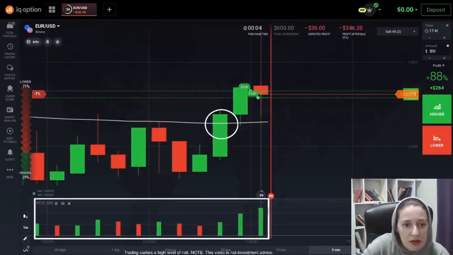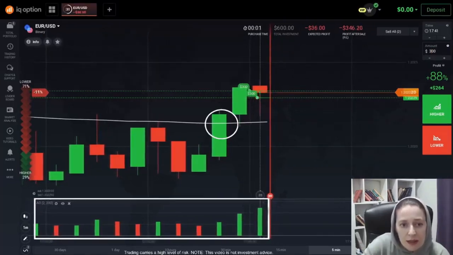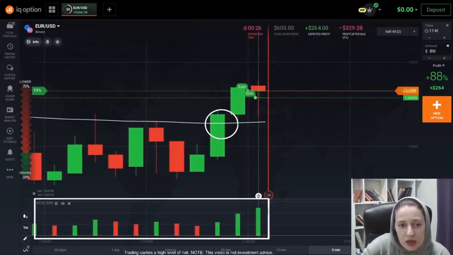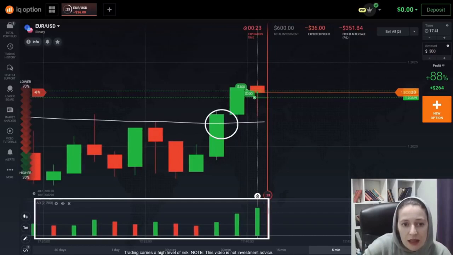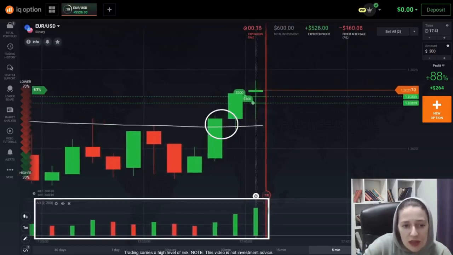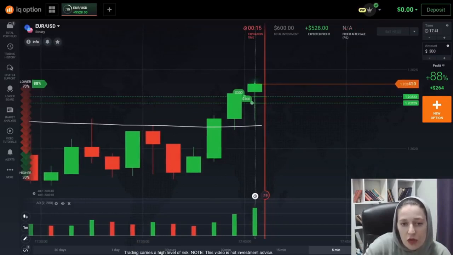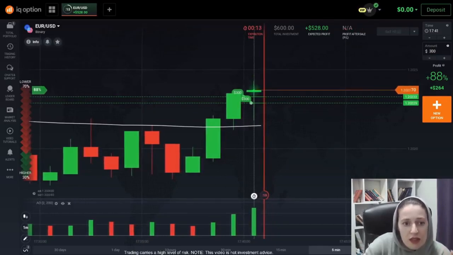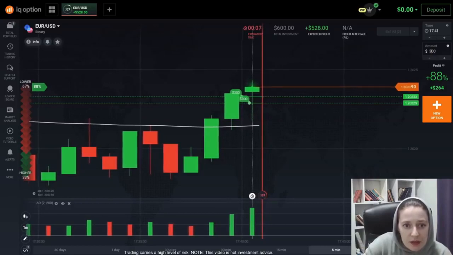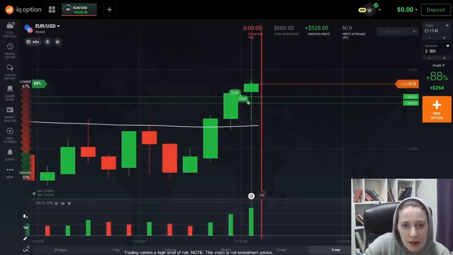According to what I was seeing, to buy, a green candle must cross the EMA moving average, and all the bars of the awesome oscillator must, as far as possible, be green and go up, as well as be above the white line.